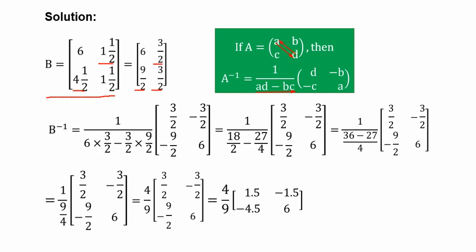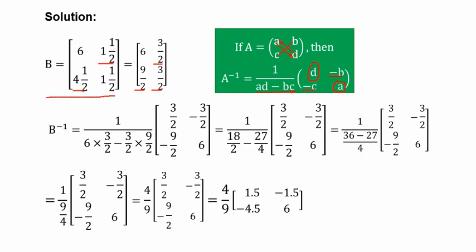So if you come to this place, you are seeing D in place of A and A in place of D. So we've interchanged the entries in the main diagonal. The second diagonal, you simply negate. That means you multiply the entries by minus 1. So you have minus B and minus C.